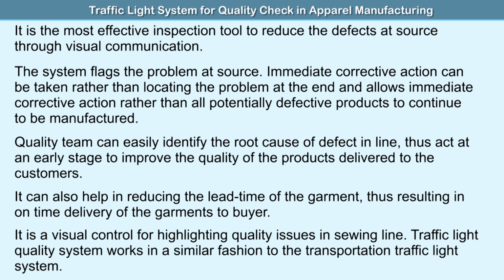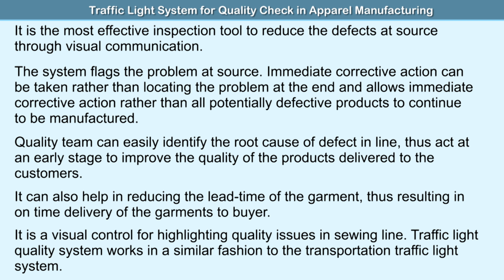Traffic light system for quality check in apparel manufacturing. It is the most effective inspection tool to reduce the defects at source through visual communication. The system flags the problem at source.